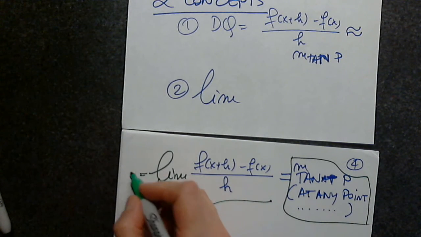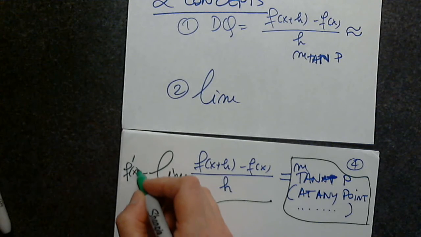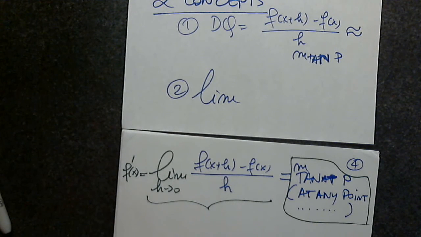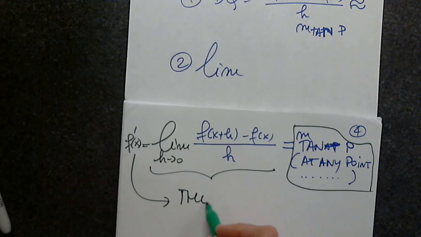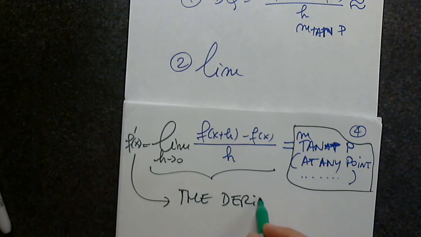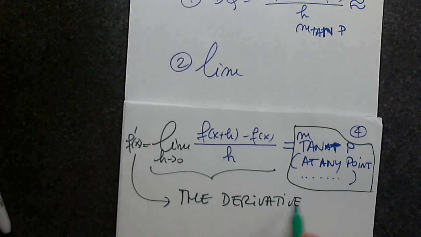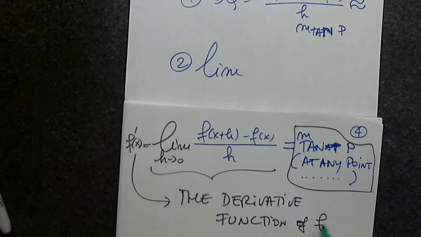And this is nothing else but what we call f prime of x. The name is the derivative function of f of x. I'm coming back to this gap here.